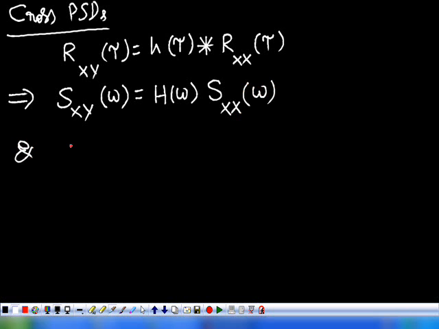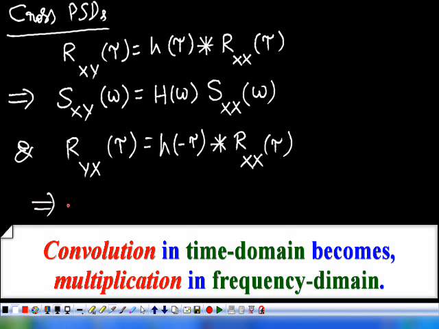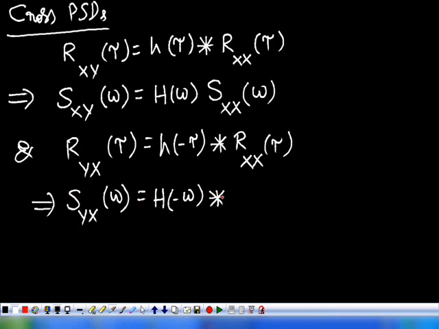And we have one more relation, Ryx of tau is equivalent to h of minus tau convolution with Rxx of tau. So this implies Syx of omega is equivalent to H of minus omega multiplied with Sxx of omega.